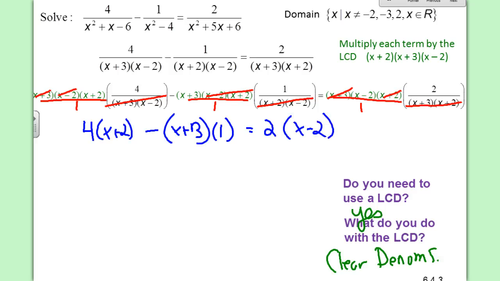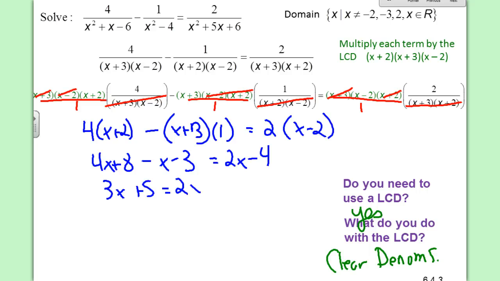You solved equations like that in grade 9. So this isn't bad. 4x plus 8 minus x minus 3 is equal to 2x minus 4. That means I've got 3x plus 5 is equal to 2x minus 4. So that means that x is equal to minus 9. That doesn't seem so bad.